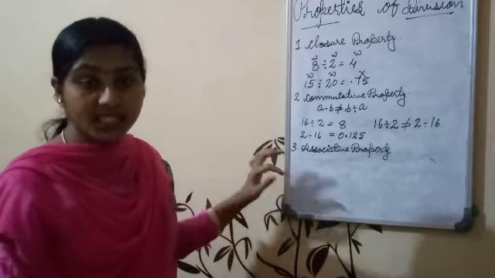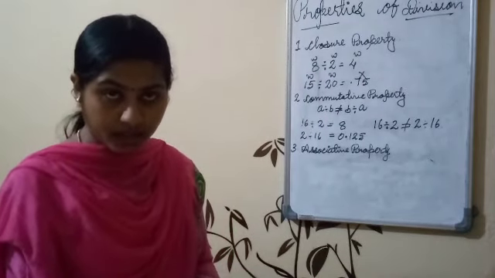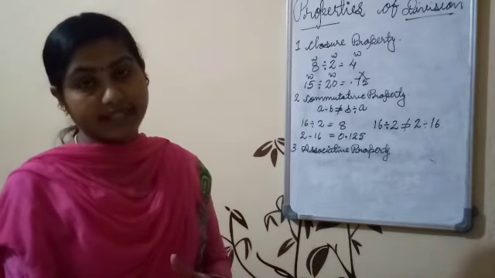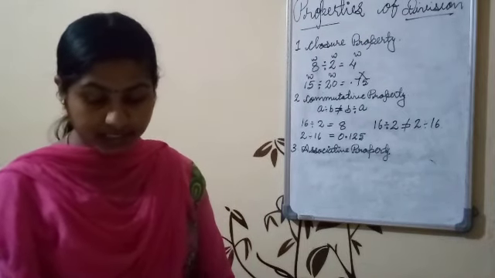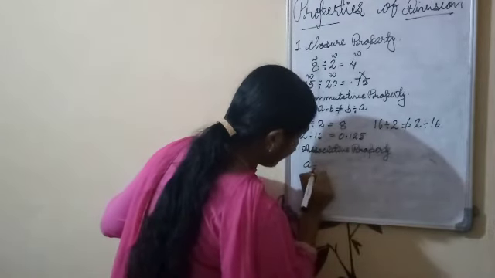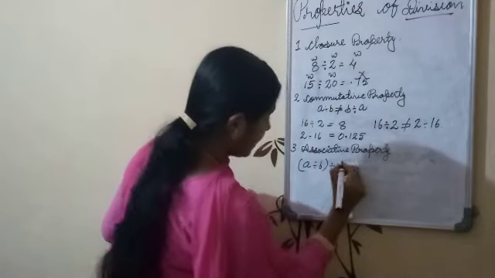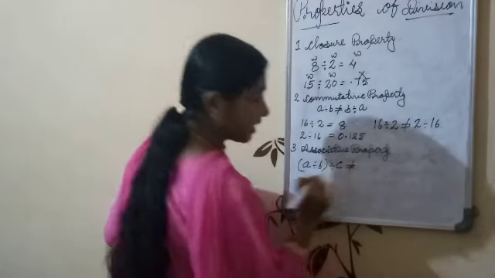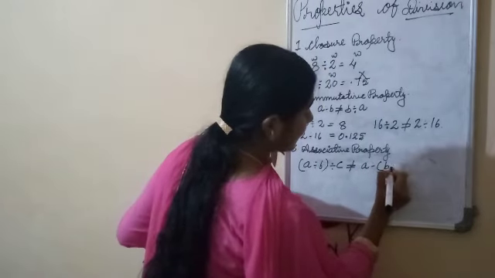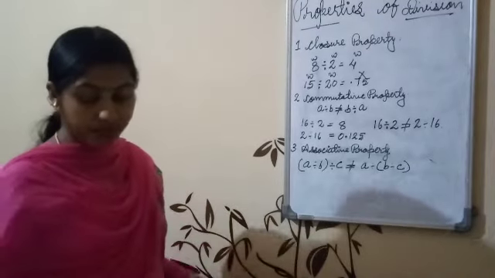If A, B, C are whole numbers, then (A divided by B) divided by C is not equal to A divided by (B divided by C). That means (A divided by B) divided by C is not equal to A divided by (B divided by C).